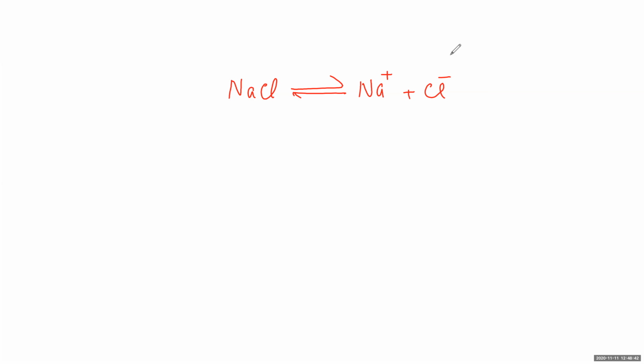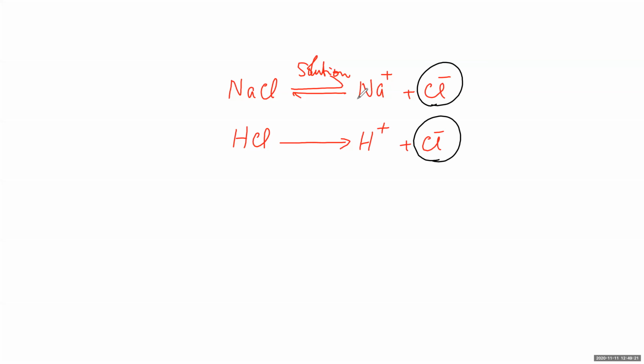But if we pass hydrogen chloride gas through sodium chloride solution, hydrogen chloride, that is hydrochloric acid, is a stronger electrolyte. So HCl is stronger than NaCl, and HCl ionizes, giving H plus and Cl minus ions. See here, there is a common ion.